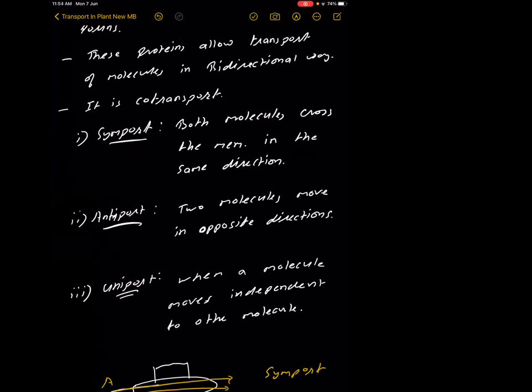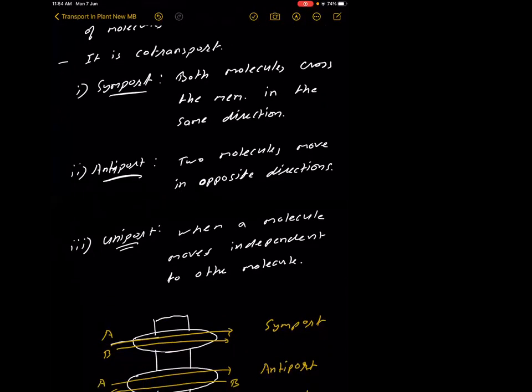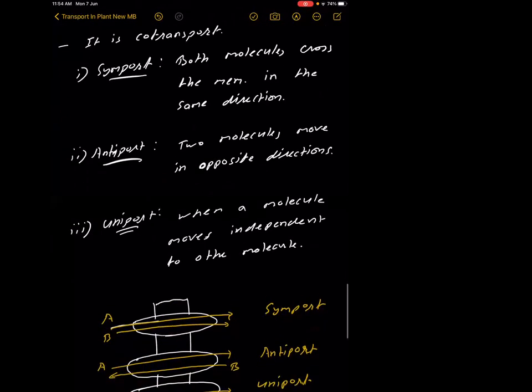So all three are possible at the same time. Uniport is unidirectional, only one direction, because a single molecule is used.